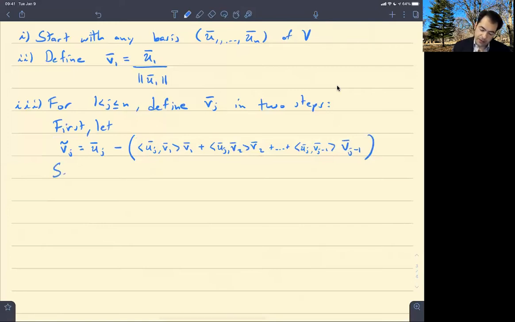Okay, and then second, okay, so we'll have something that's orthogonal, but it might not be a unit vector, so now we force it to be a unit vector. So we'll define vj to be vj tilde divided by the norm of vj tilde.